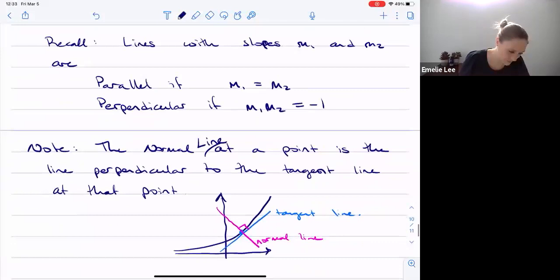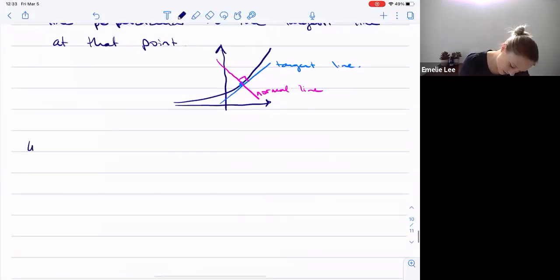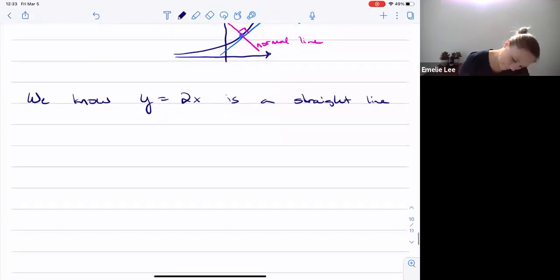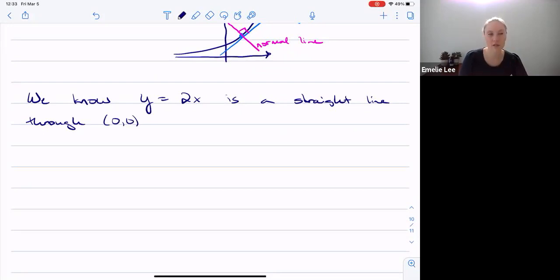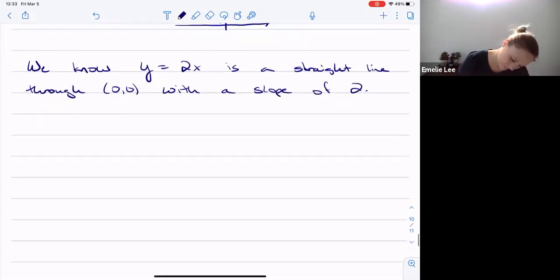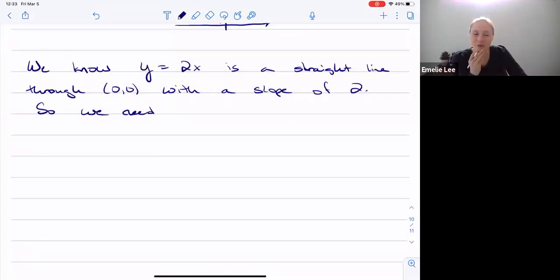So we know y equals 2x is a straight line through 0, 0, right? Because the y-intercept is 0, with a slope of 2. So we need to find the point where the slope of the tangent line is 2.